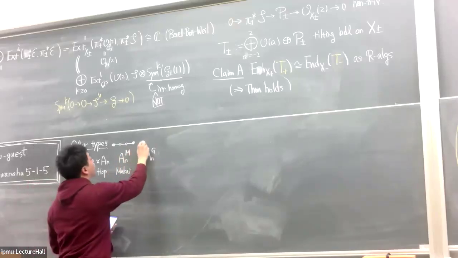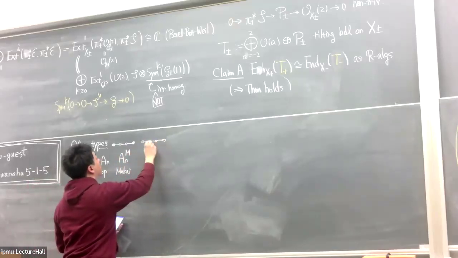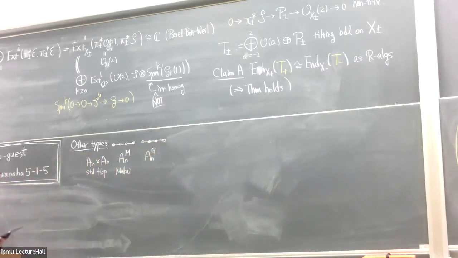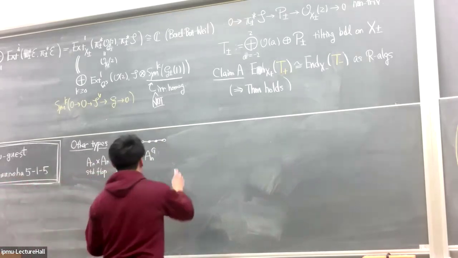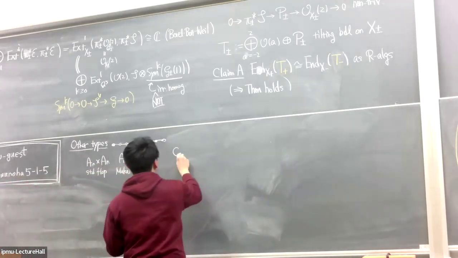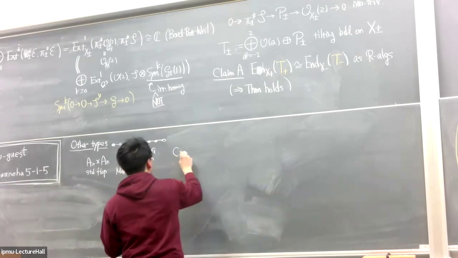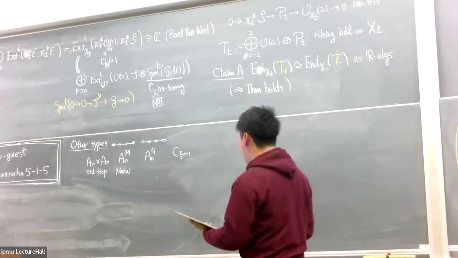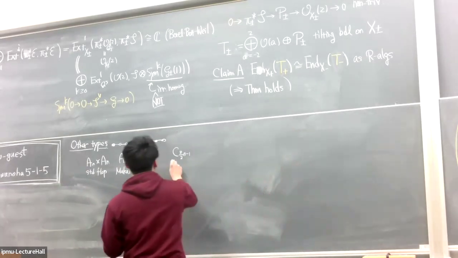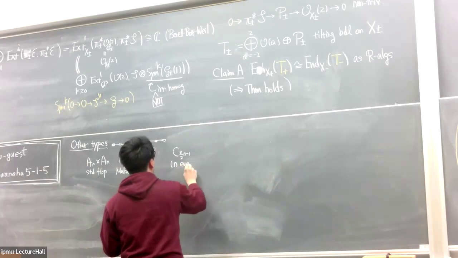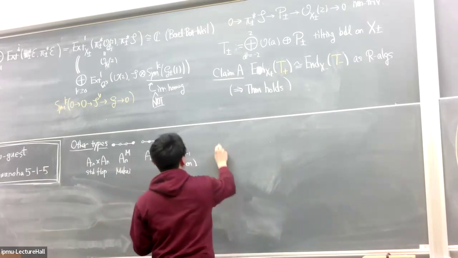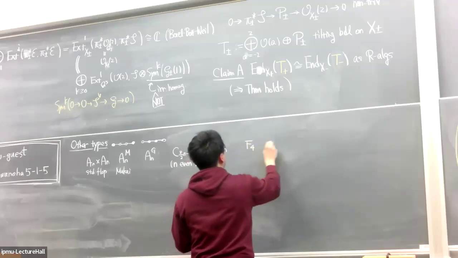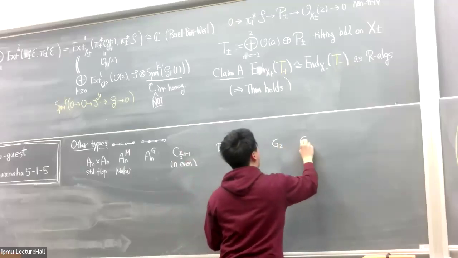But for AG, we use the middle one. This is AG and AN. And there also exists a type C, but now the rank of the root system is 3/2 and -1, where n is even, and at the end, F4, G2, and G2.